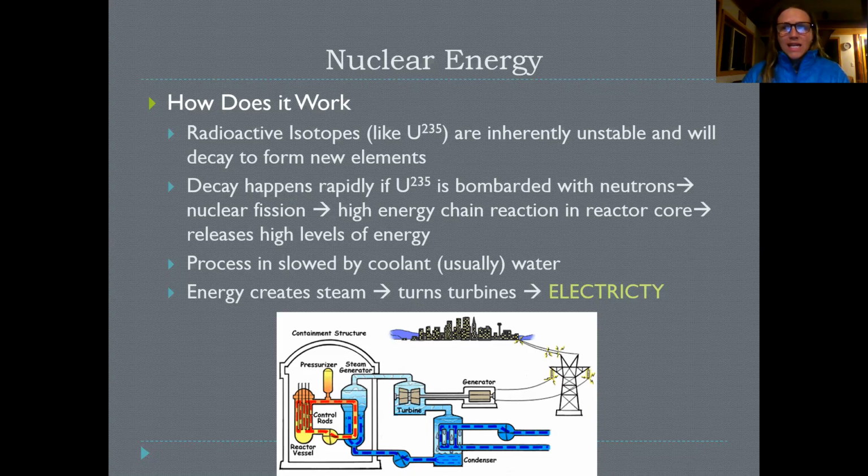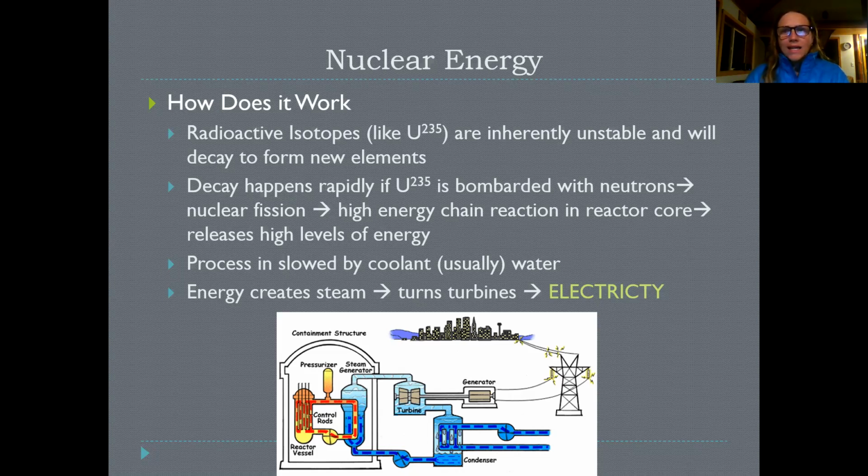Water creates steam. Steam rises and turns turbines and turns generators that use magnets that move around rapidly. Metal that creates electrical charges, and then that energy can be moved along different kinds of electrically conductive material like electrical wires, eventually into people's homes.